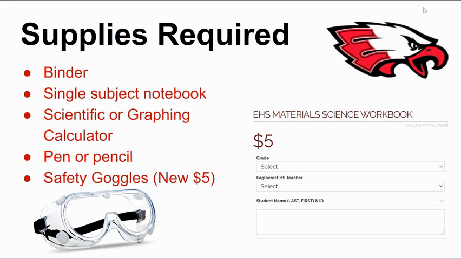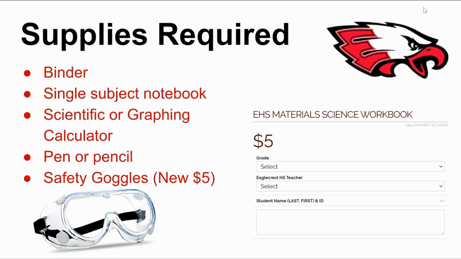Here's a list of our supplies required. Your child will need a binder, single subject notebook, scientific or graphing calculator, pen or pencil, and safety goggles. You can buy those new using RevTrack on the Eagle Crest homepage for $5. And if you would like a sanitized used pair donated from last year's students, you can get those for free to borrow for the year.